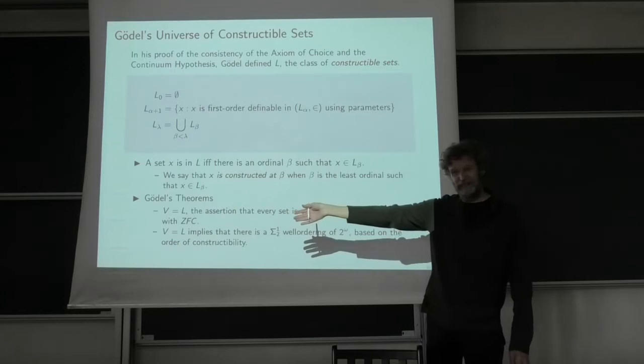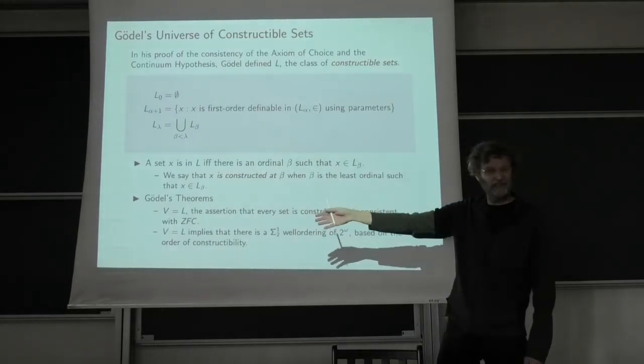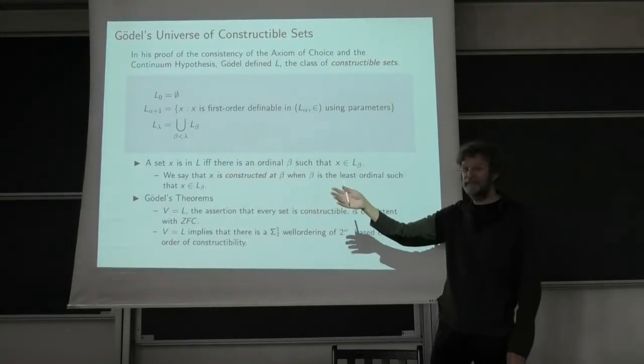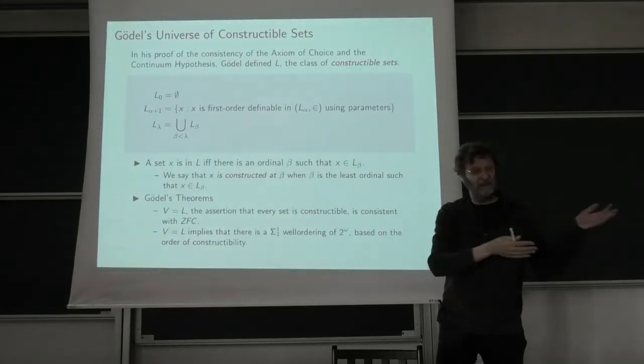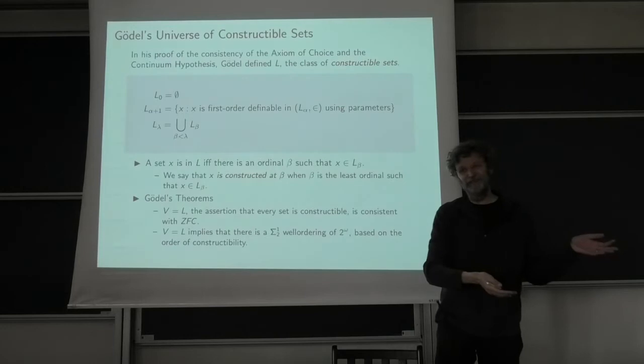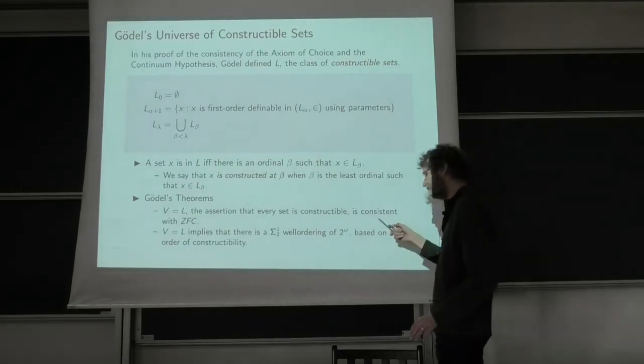The basic axioms of set theory cannot prove there's a set that's not constructible, because L satisfies that every set is constructible. Okay, so good.